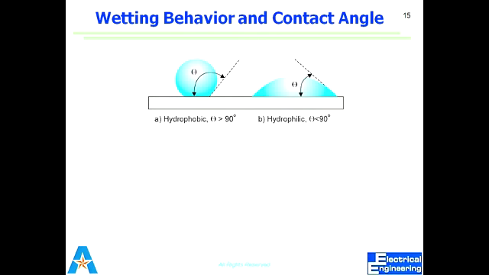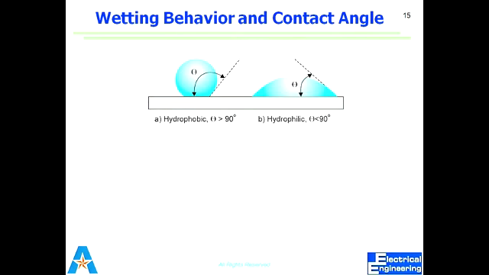Because if I have a surface and I get any polymer deposited on the surface of the wafer, this is a polymer. If this polymer is hydrophobic, for example, and there is a drop of water, because it's hydrophobic, that water does not want to get in contact with the surface. It tries to make as little contact with the surface as possible, so it tries to contract within itself.